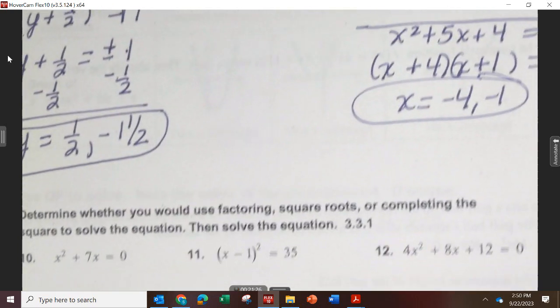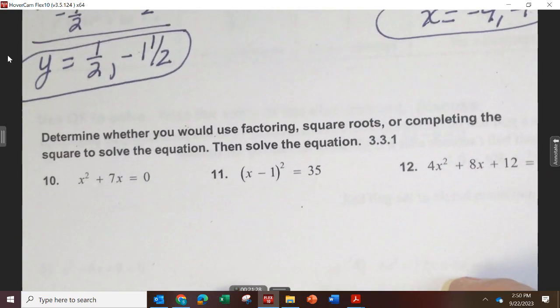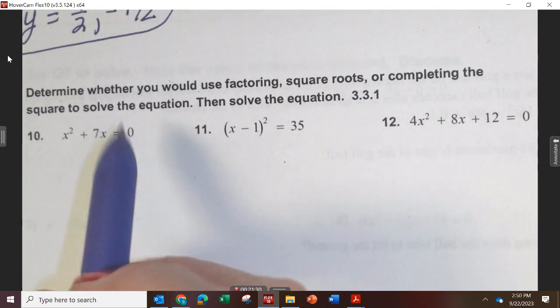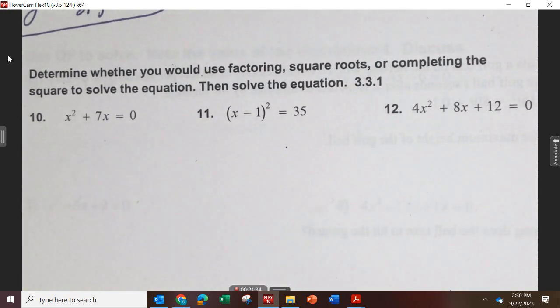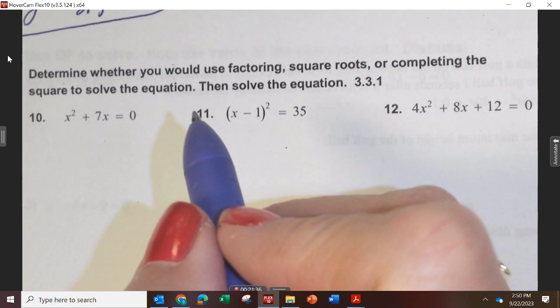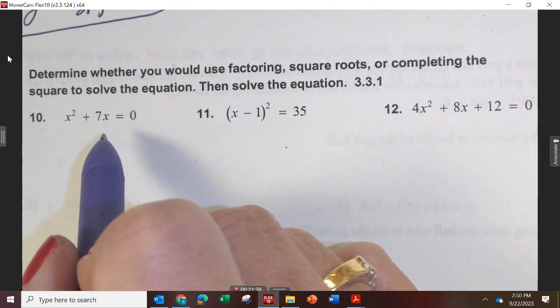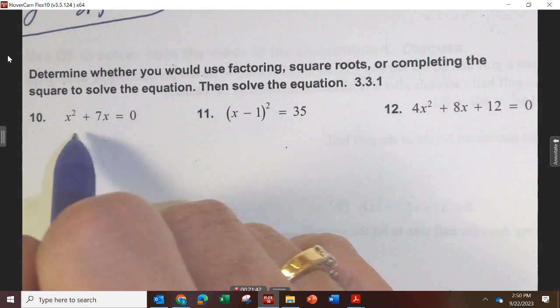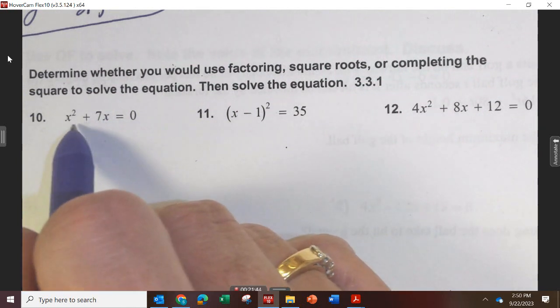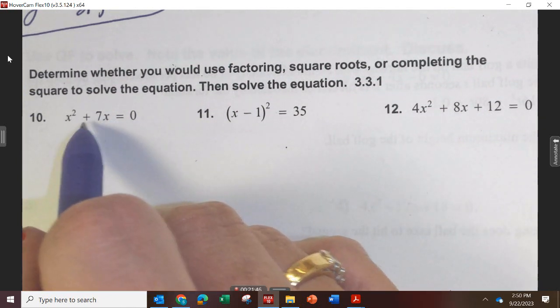But okay, guys, down here, just real quick, I want to talk about the best way to solve problems. I will never tell you you have to do a problem a certain way. So like on this problem, you could complete the square, but I think it's easier just to factor out what. What do these two have in common?